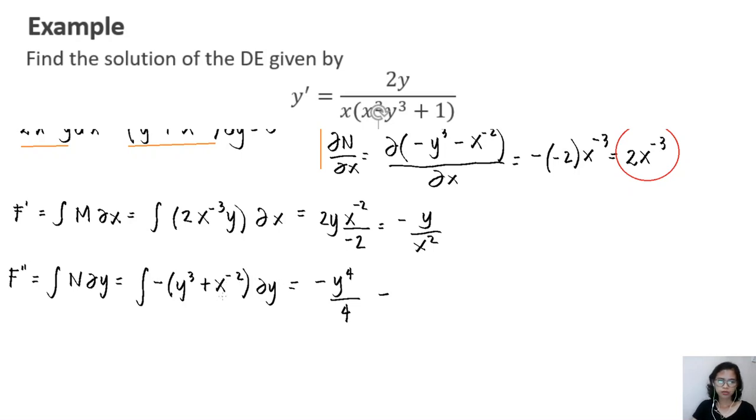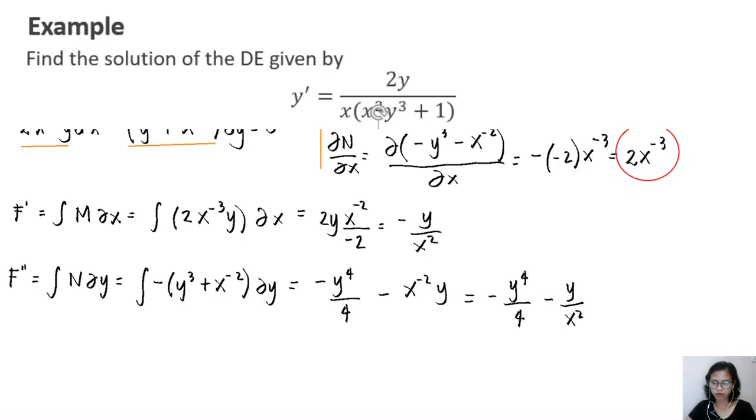So therefore this is considered constant, right? So let's separate that first. And the integral of 1 with respect to y is simply y. Or this is equal to negative y raised to 4 over 4 minus y over x squared.